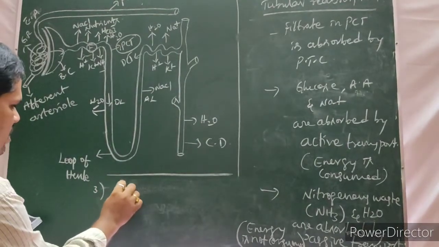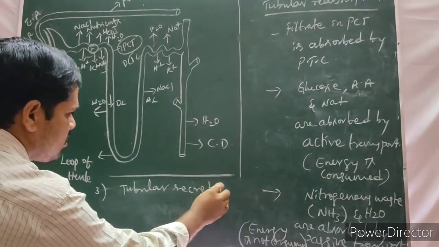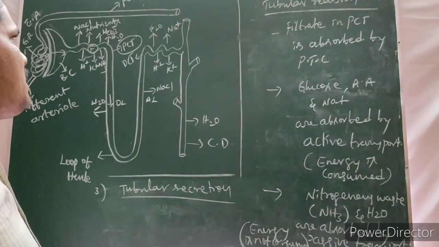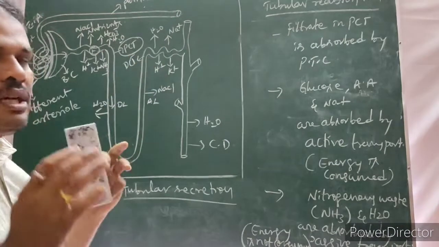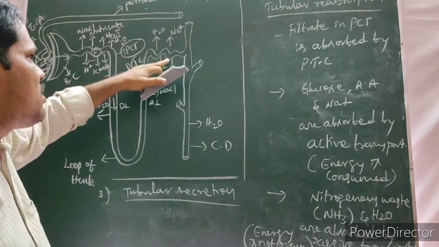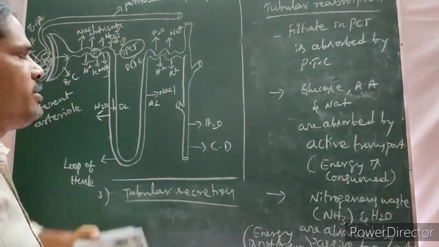The next one, tubular secretion. The last one is the tubular secretion. What is the meaning of tubular secretion? Tubular secretion means the wastage in the peritubular capillary is secreted into the distal convoluted tubule and also the proximal convoluted tubule.